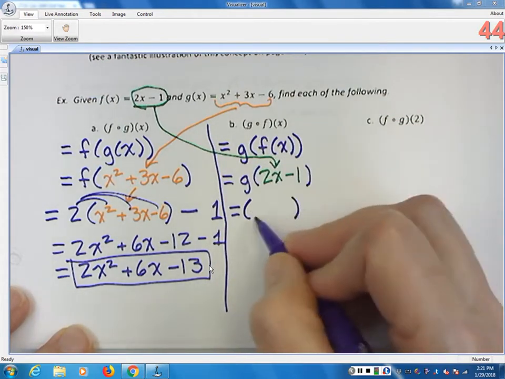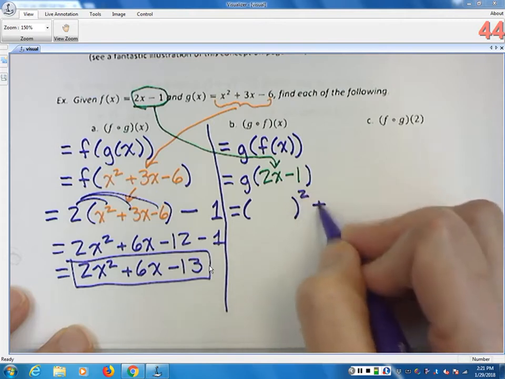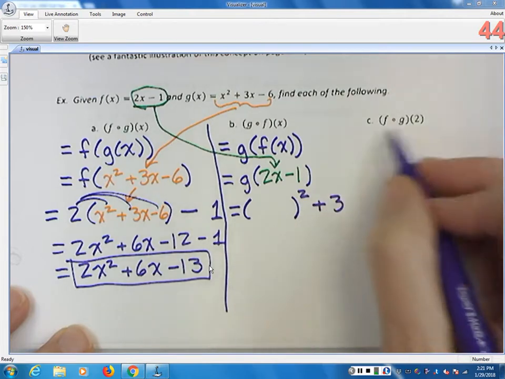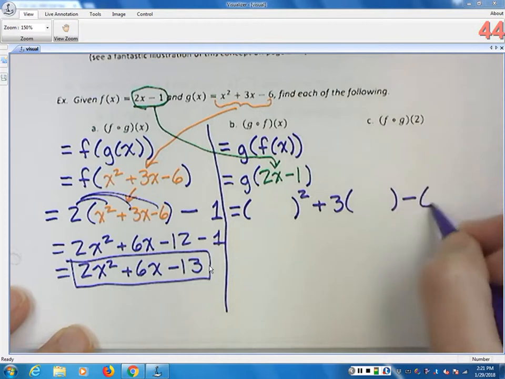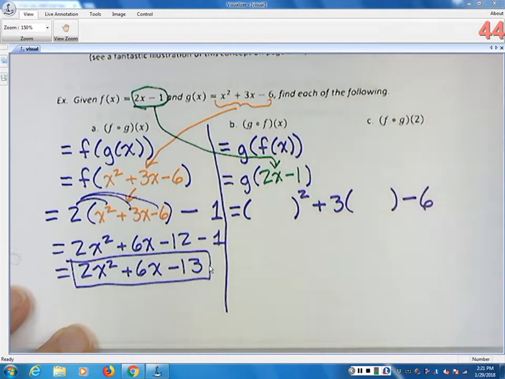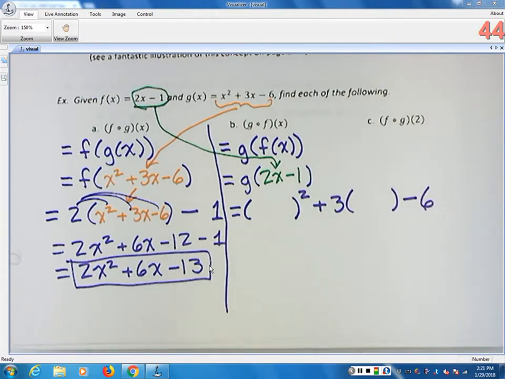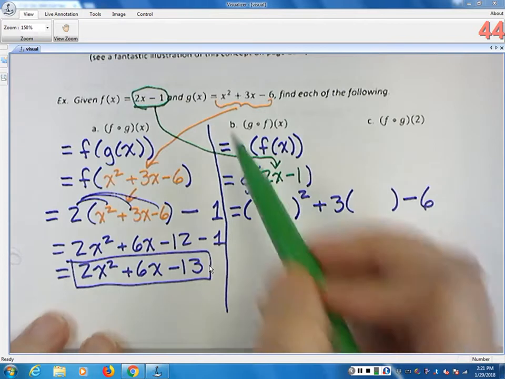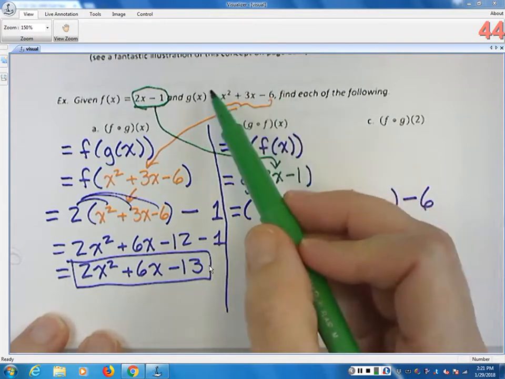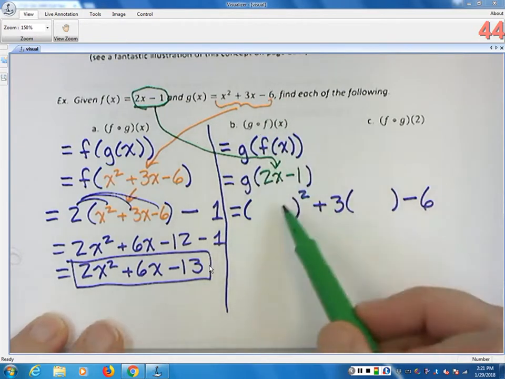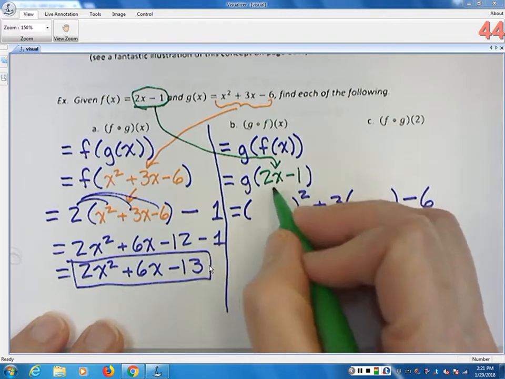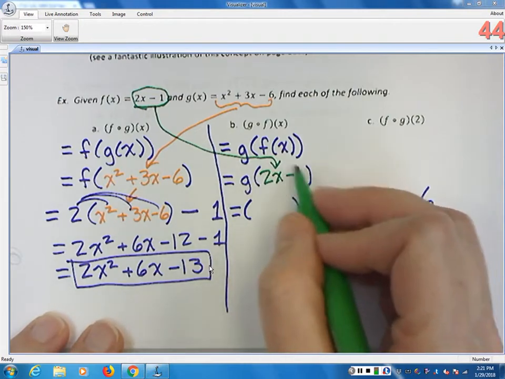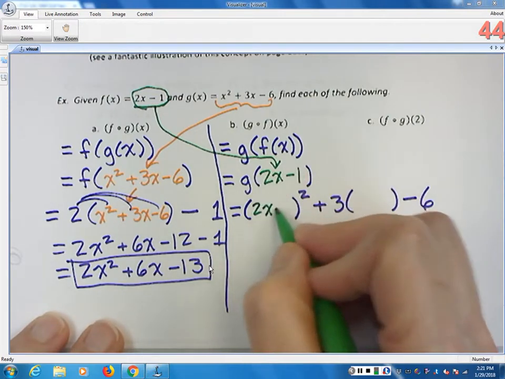I have x squared plus 3 times x minus 6. So everywhere I have an x in the g of x, I left a big space for it so I can put it in here. Instead of x, we're replacing it with 2x minus 1.